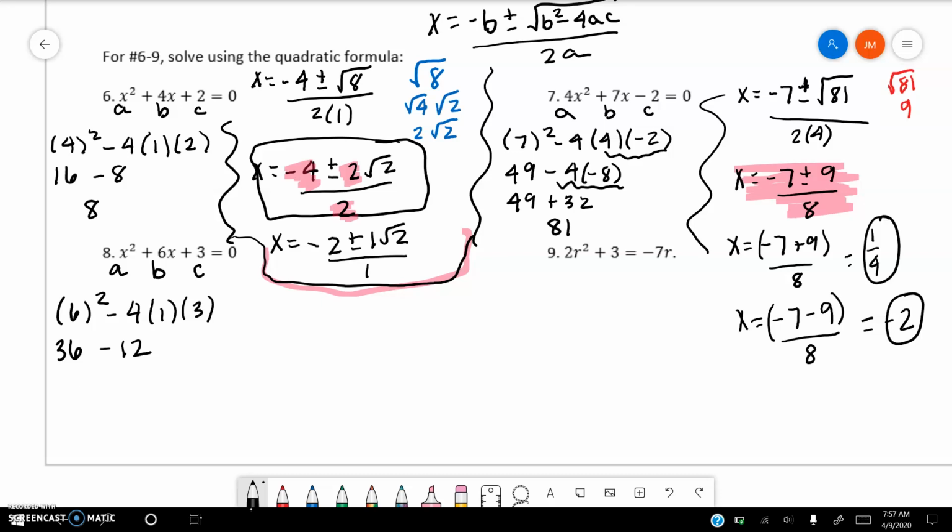And this is going to give us 24. So again, 2 answers. And you always, always, always want to see if that square root can break down. So we're going to have x equals -6 plus and minus square root of 24 all over 2 times 1.